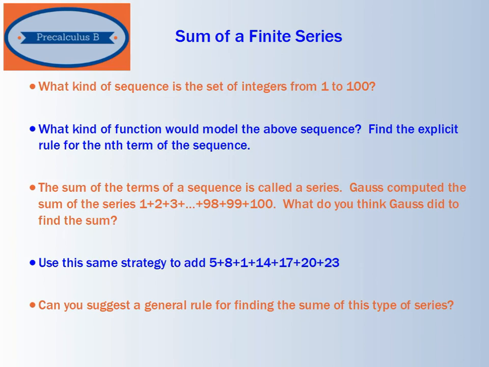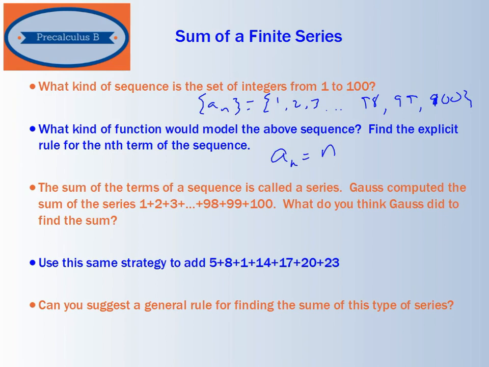If we remember, the sequence a of n is equal to 1, 2, 3, dot, dot, dot, 98, 99, 100. That's 100 at the end. We would say this is linear, and the explicit rule is a of n equals n. The first term is 1, the second term is 2, the third term is 3, etc.